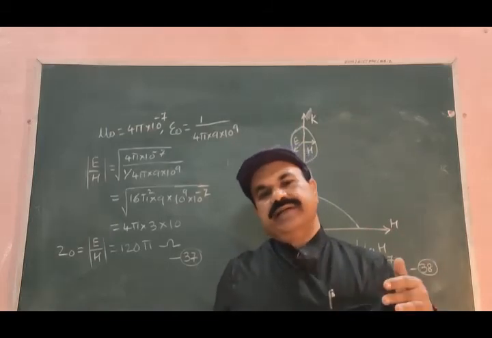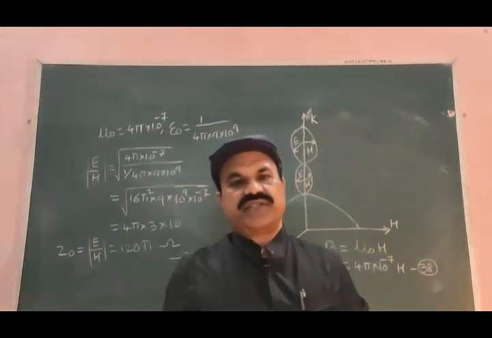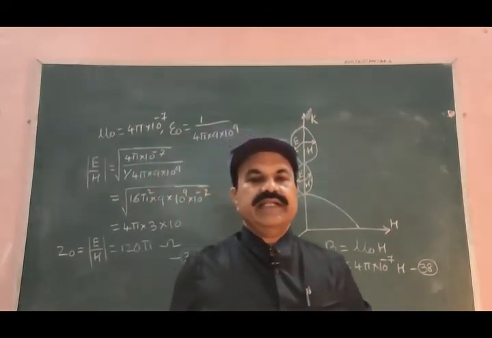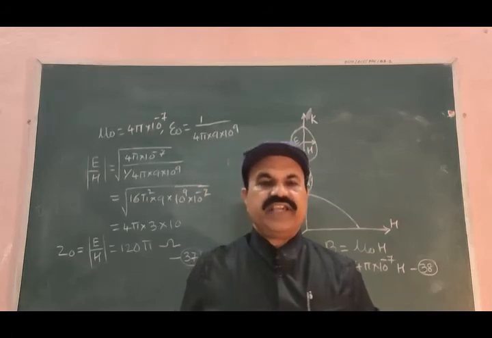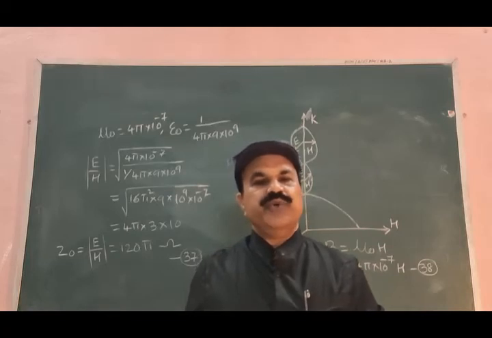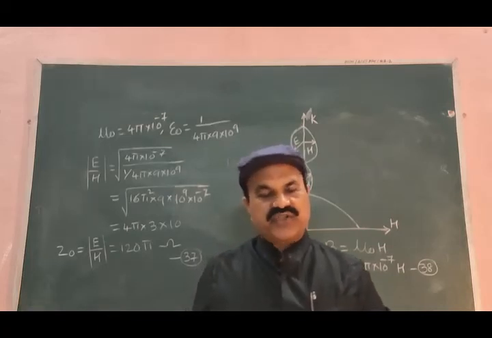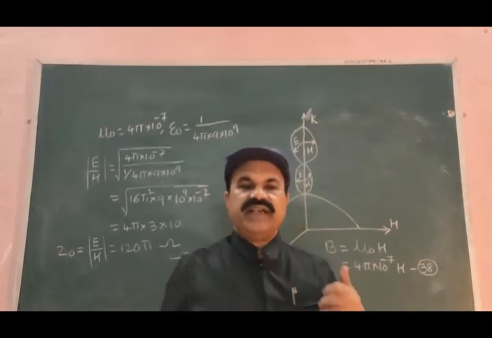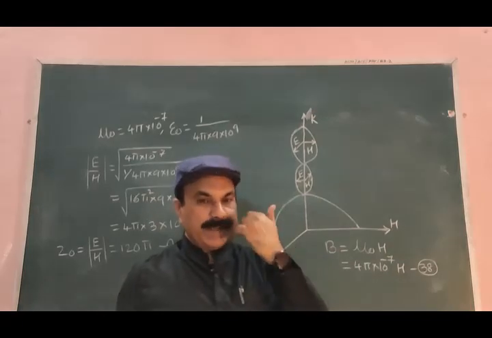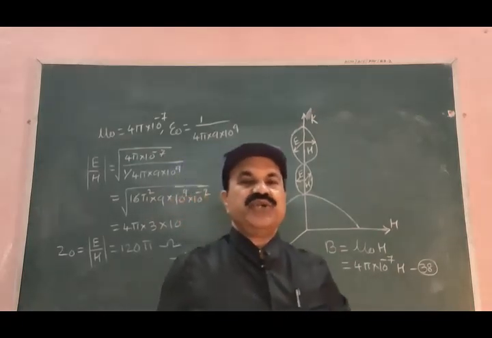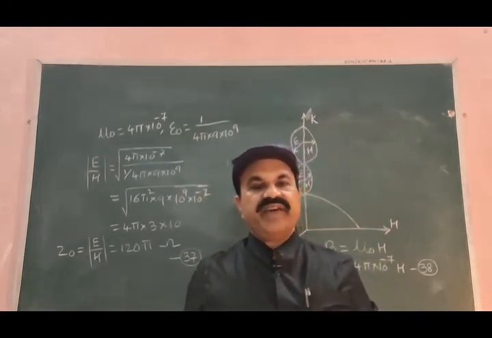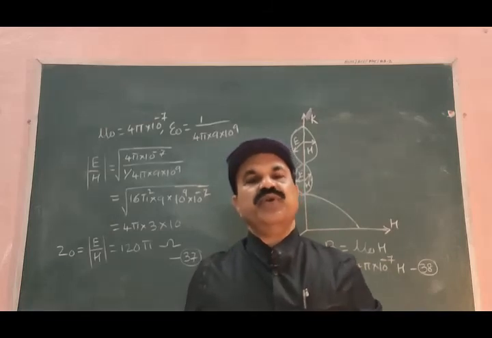After having drawn these conclusions, we moved to get the moduli of the equation, H is equal to 1 by mu 0 omega into E. After taking the modulus, we got this. From this, we obtained the ratio of modulus of E to modulus of H, which was Z0. This Z0 is the ratio of volt per meter to ampere turn per meter, and it comes out to be ohm.